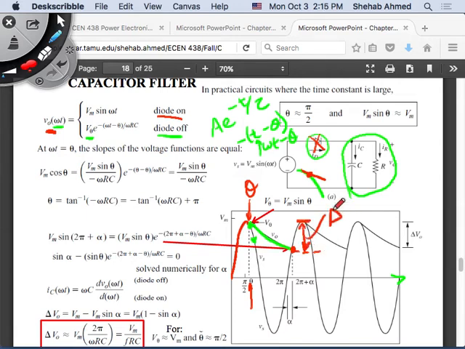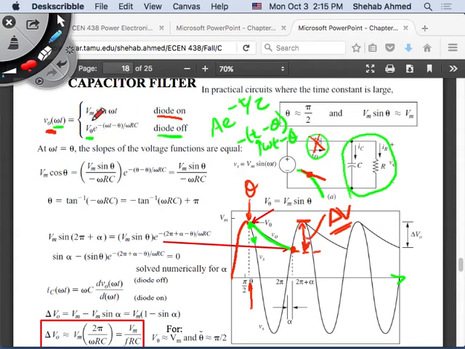The ripple, exactly. And if I now have an equation for ripple, which is the difference between these two points, and this equation is in terms of the R's and C's and the frequencies, then that's what I want. I want to design my converter to maintain a certain ripple voltage here. So that's the objective.